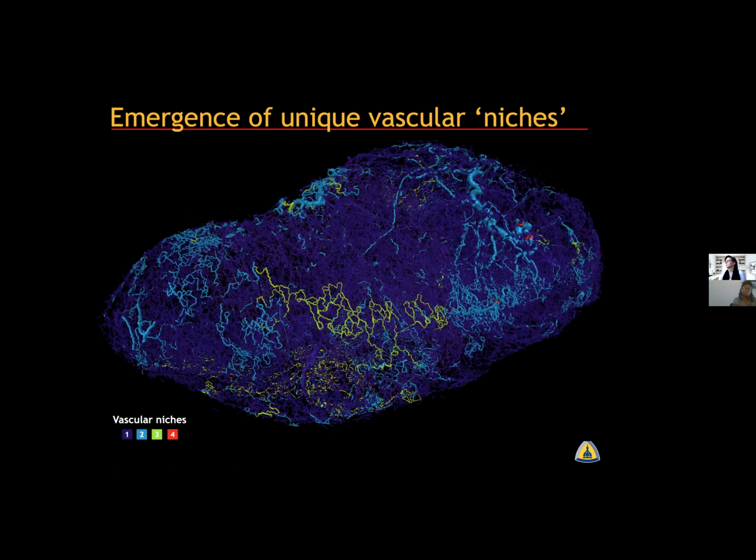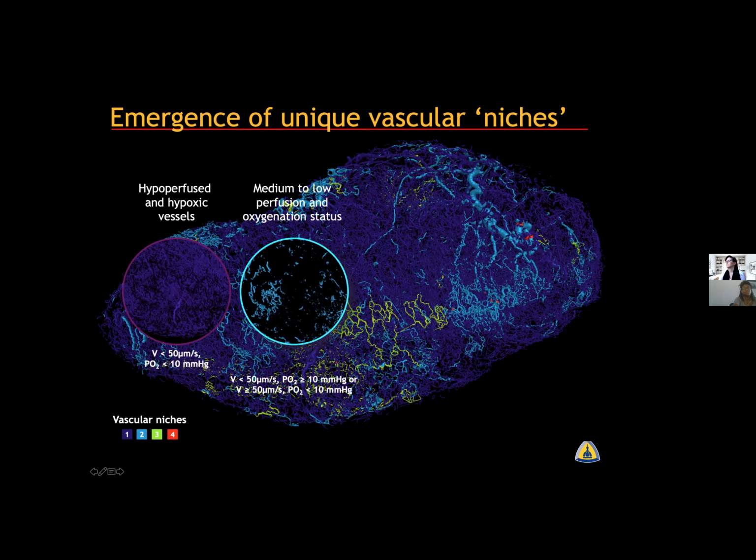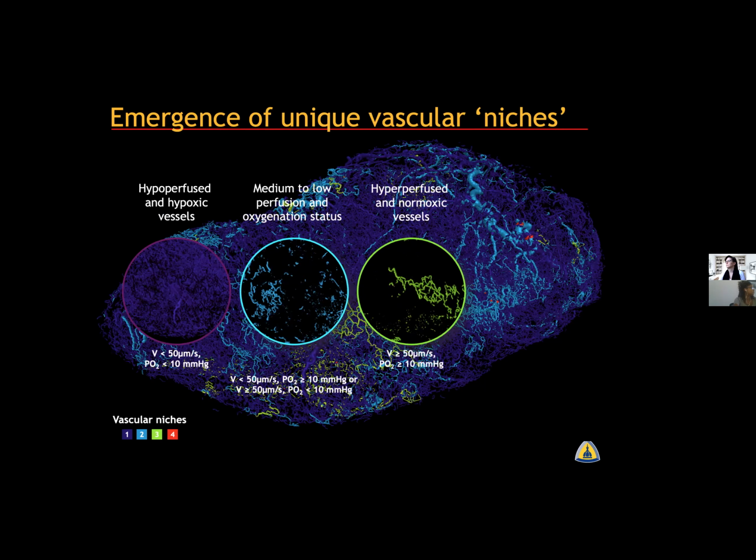And then you can actually combine all these data to identify the emergent properties of the tumor microenvironment. So for example, we can actually identify areas that are very poorly perfused and hypoxic, by combining the velocity data with the oxygenation data. We can identify areas that have medium to low perfusion. We can identify areas that are very high in terms of their perfusion velocities and oxygenation.